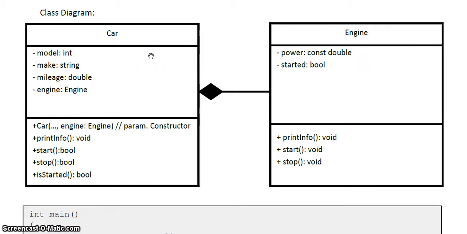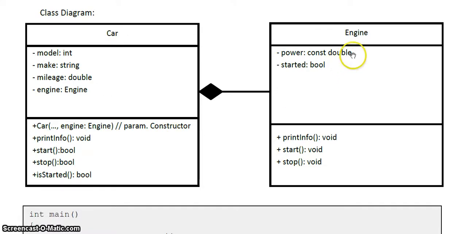So for the engine, let's assume this engine is restricted to this car. We cannot separate the engine and use it in another car. If that was the case, then that would have been aggregation. So here the lifetime of the engine depends on the lifetime of the car. So it's simply an object which is defined. There is no pointer. It would contain the actual object, not a pointer or a reference to another object.